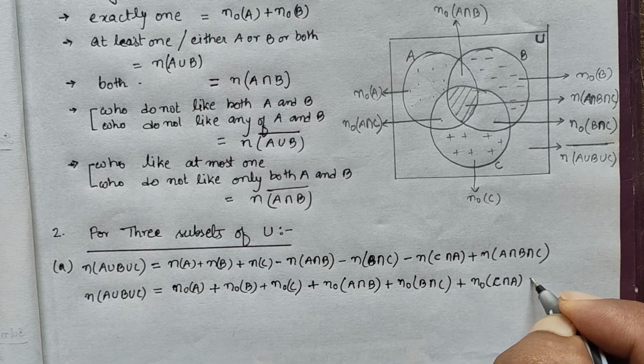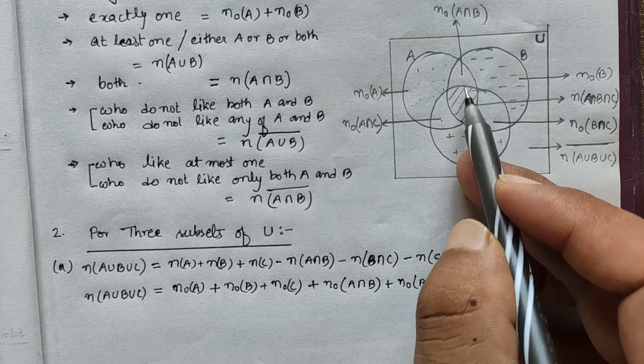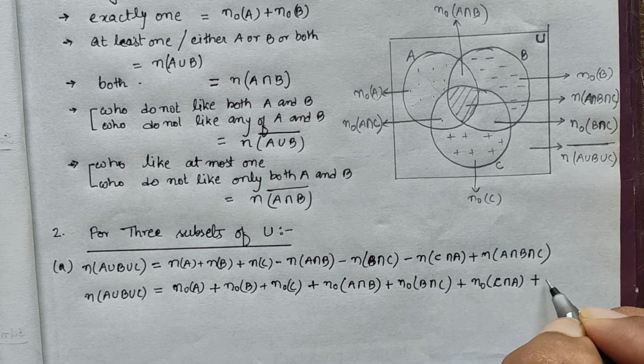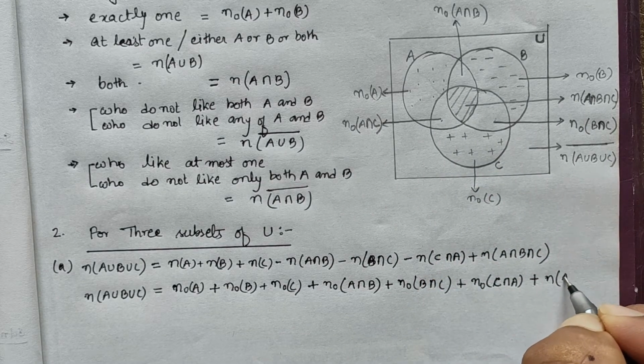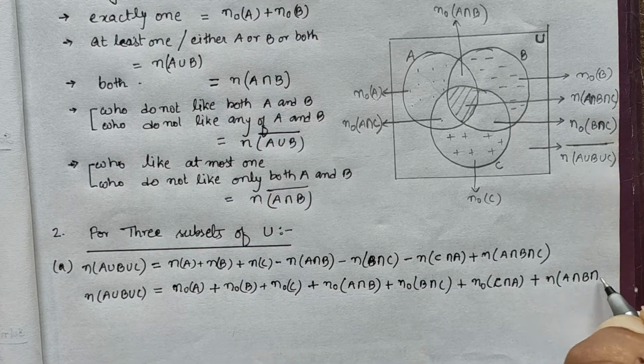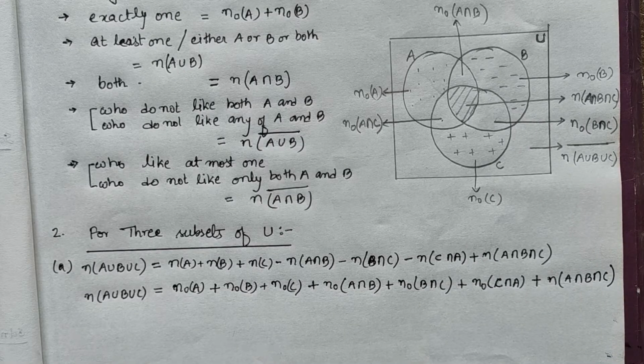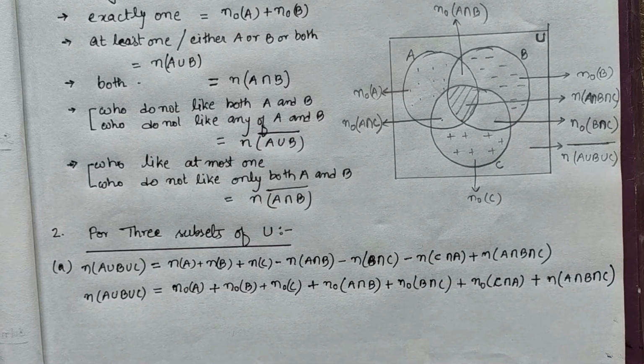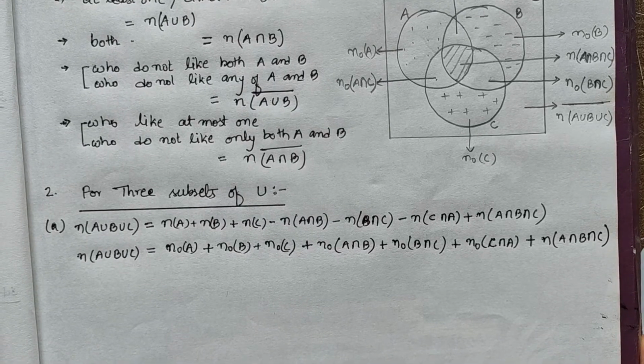And the last one is this dashed part, that is n(A intersection B intersection C). Okay, so these two are the important formulas that you have to learn.